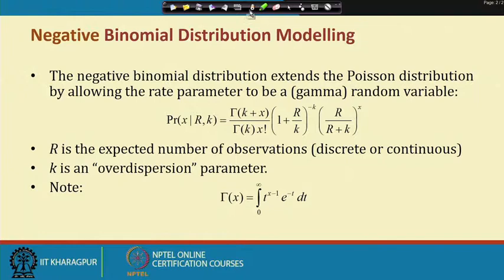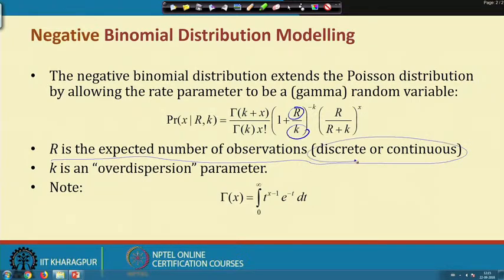The issue is with respect to two things, r and k, corresponding to lambda, which are small r and t: rate with time. Here r is the expected number of observations, and k is the overdispersion.